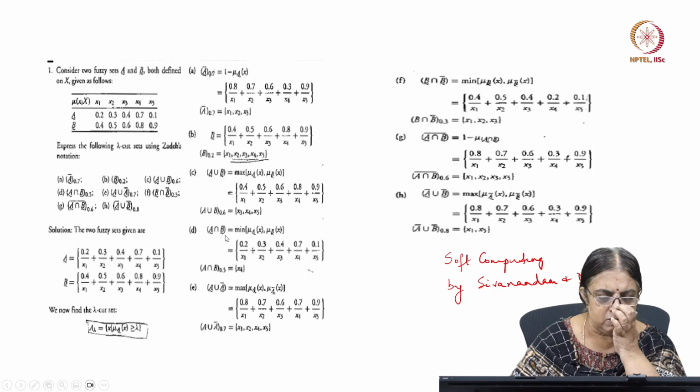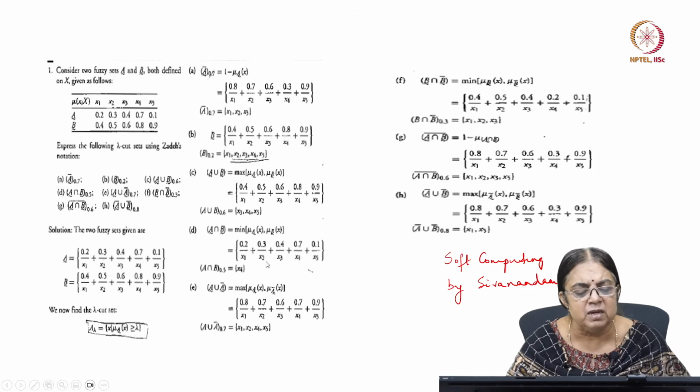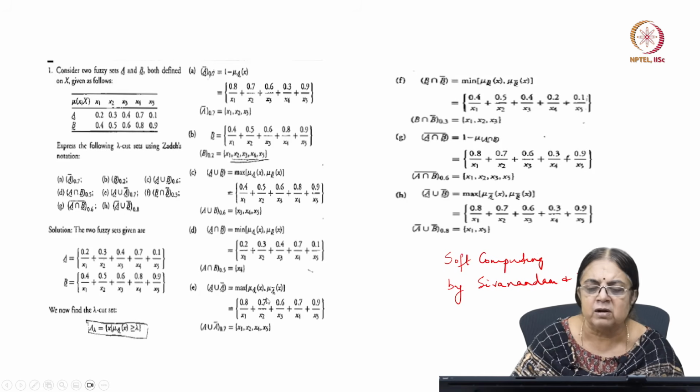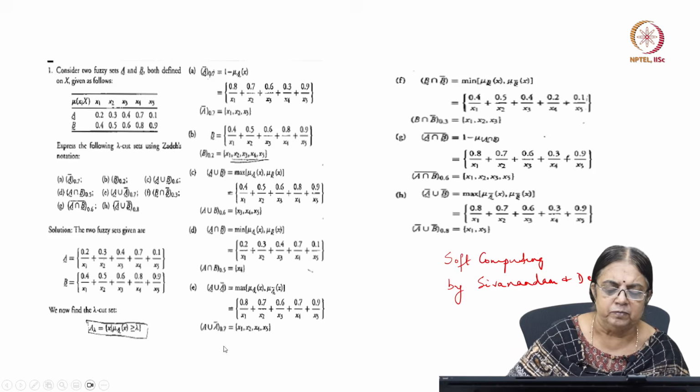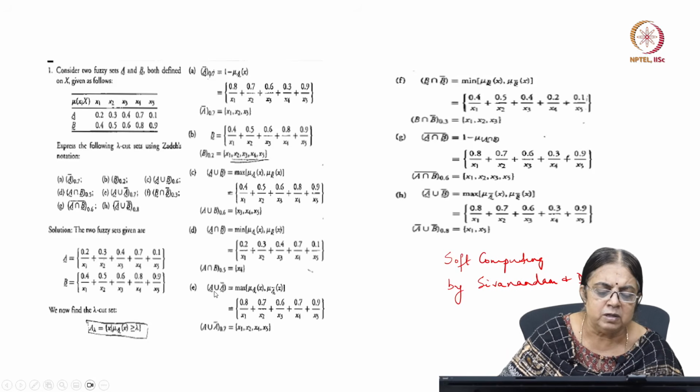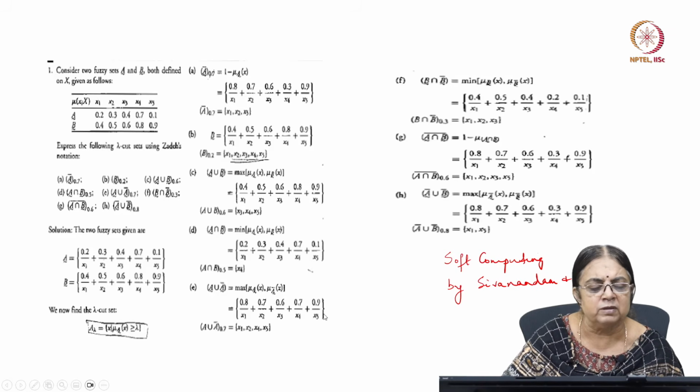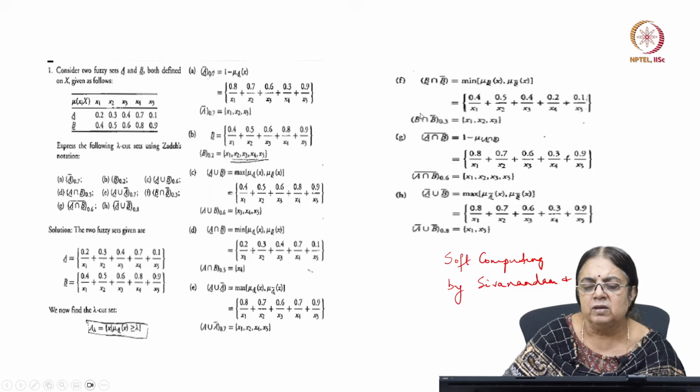Here you take A intersection B and then find the lambda cut. Here you are taking A union A bar and then finding the lambda cut of that. So these are all very easy to do.